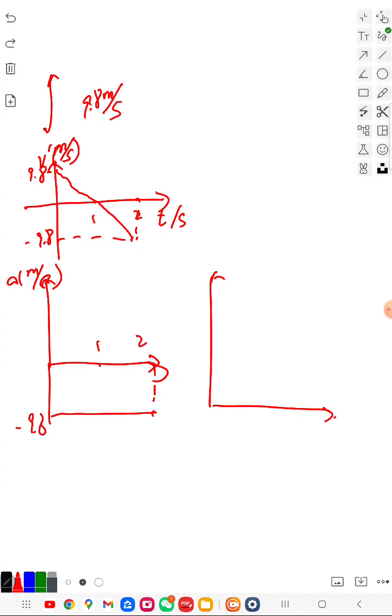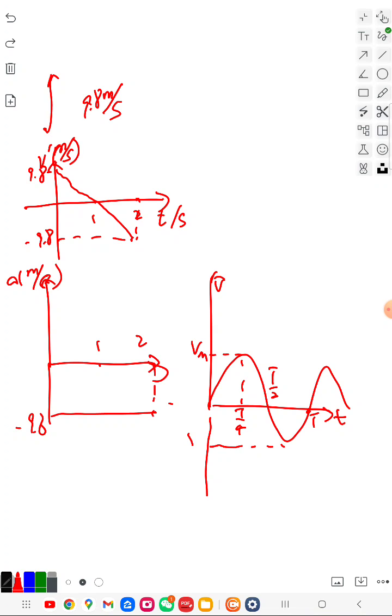if we take another case, where it's doing simple harmonic motion, it would look like that. And this is the V maximum.